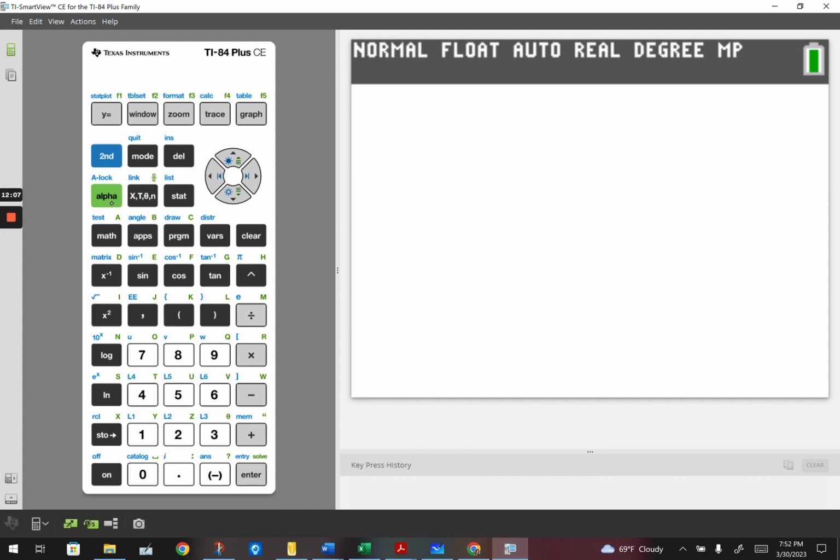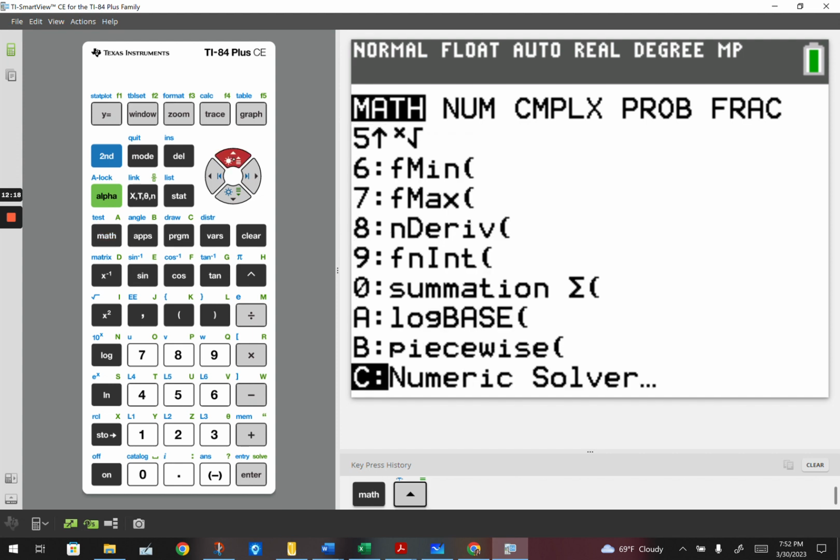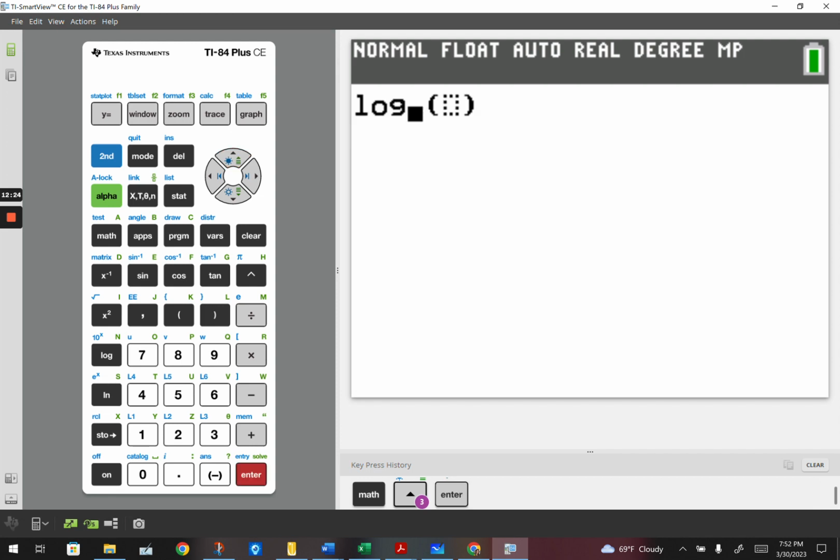I want you to press the math button, and then arrow up a few times until you get to log base, which is option A. You're going to hit enter on option A, and you are going to type log base 4 of 10.